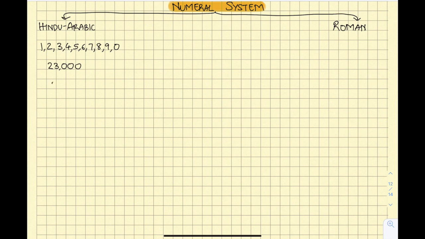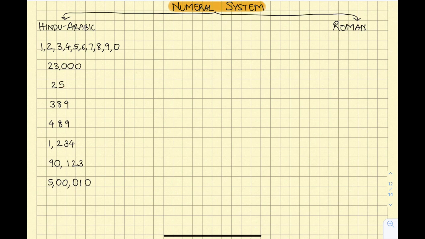Similarly, I write 25, I write 389, I write 489, I write 1234, I write 90,123, or else I write 5 lakh and 10. So all these numbers are called Hindu-Arabic numerals.